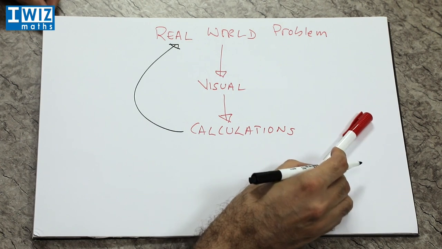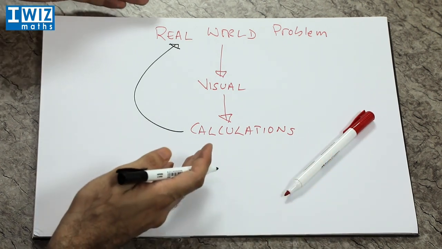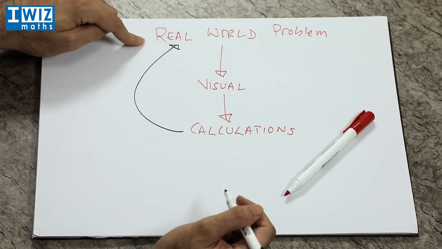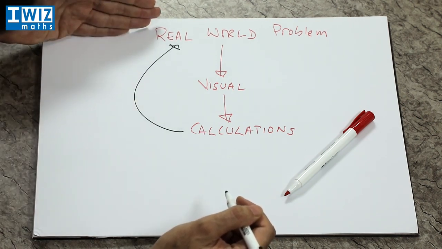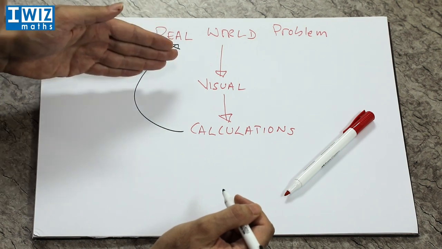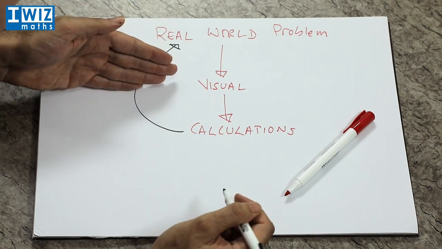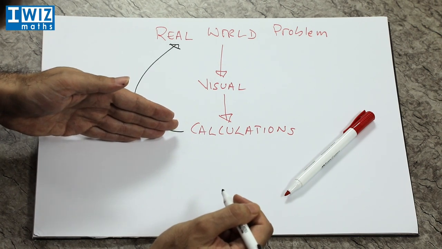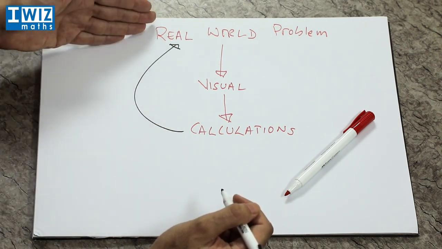This way of introducing concepts can be quite useful for children, where you start with a real world problem or statement. If possible, show them a visual representation of it, and then go ahead and do the calculations associated with the problem that was posed.